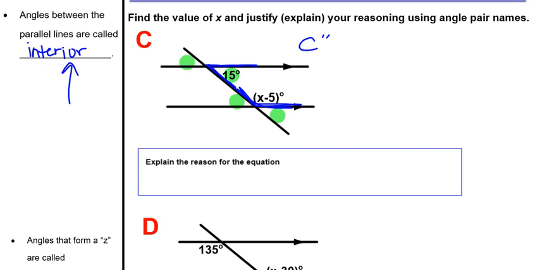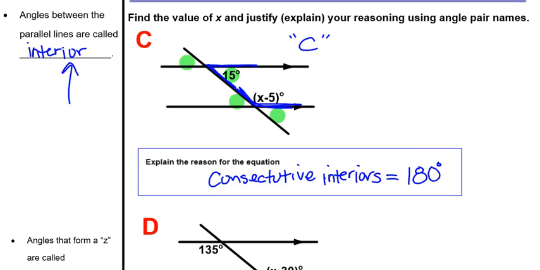And the ones that use the C are the consecutive interiors. And when we looked at our notes, we just discovered that consecutive interior angles always equal 180 degrees.